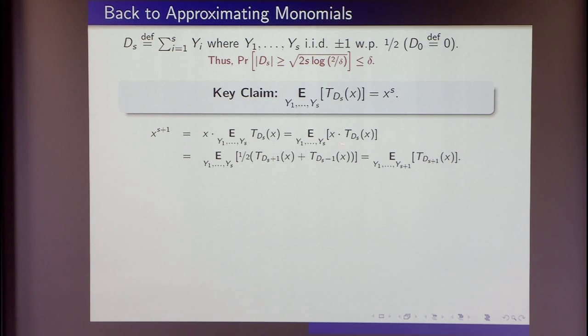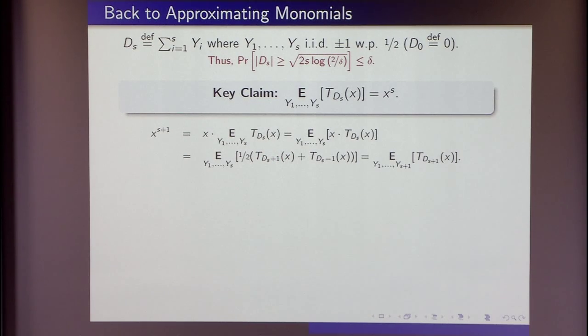And now I can pull x in and use that identity that they satisfy, this averaging property which I mentioned in the previous slide. So now I can write down x times T_{D_s} as the average of T_{D_s plus 1} and T_{D_s minus 1}. So notice that this plus 1 is not with s, but it's with this random variable D_s.